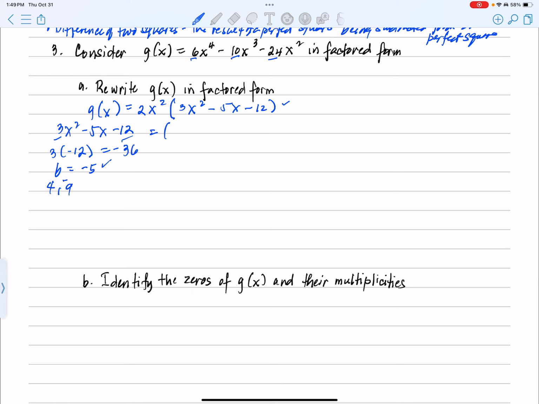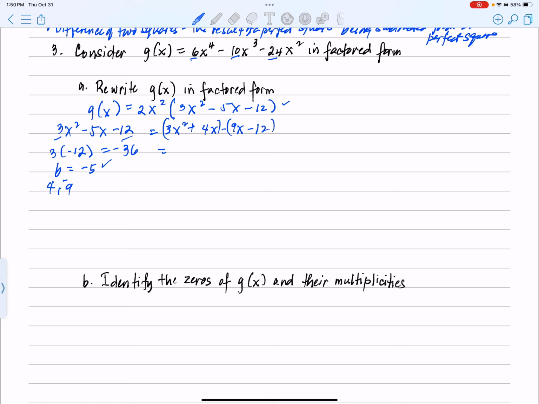So in other words, this is what we're gonna do. You have 3x squared, then plus 4x minus 9x minus 12. Because when you try to expand that, you come up with negative 5x. Okay, so what is common if we try to use this by grouping?